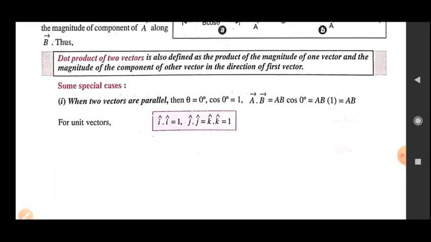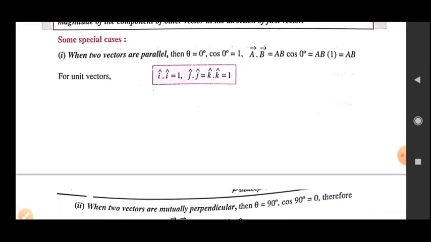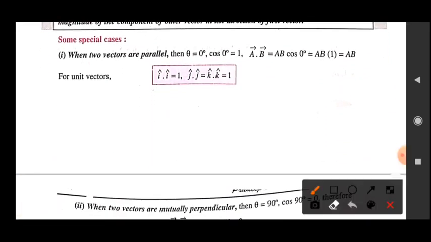Let's see now some special cases. In special cases, if we have the dot product of two unit vectors, like I cap with I cap, as I is representing the x direction, both are representing the same direction, so the angle between them will be 0. For a 0 angle, from the rule, a dot b will be equal to ab.